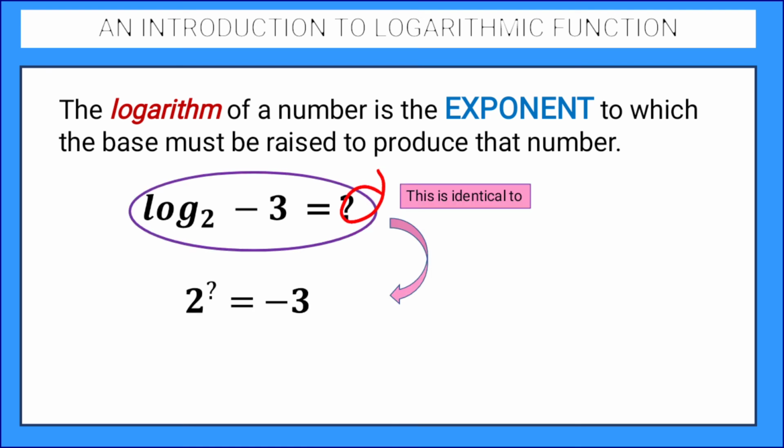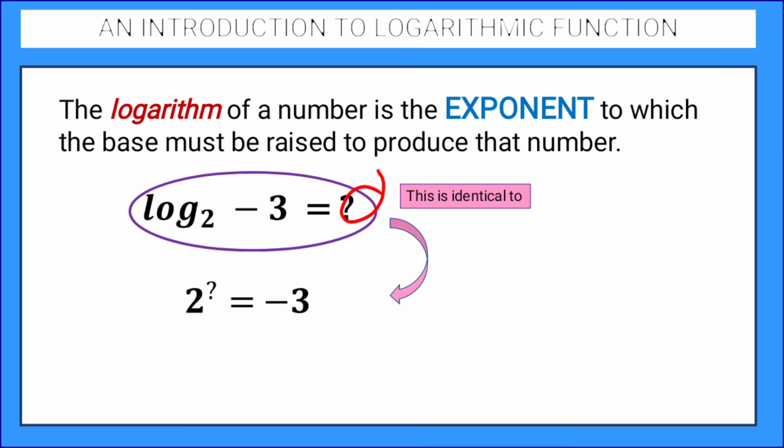Let me give you this identical statement again: 2 raised to any exponent is equal to -3. So again, give me a number that when I take 2 to that power will give me -3. Okay, I know you're trying hard to guess it.